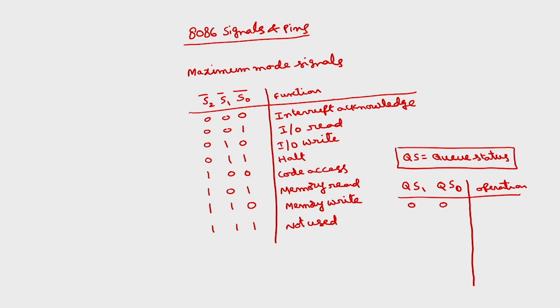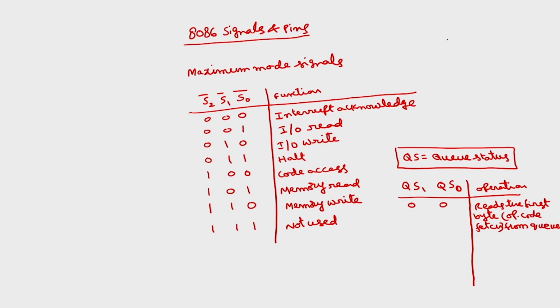0 0 represents reading the first byte, which is called opcode fetch from the queue. Always, for any instruction, the first byte will be the opcode fetch, the code corresponding to each instruction.